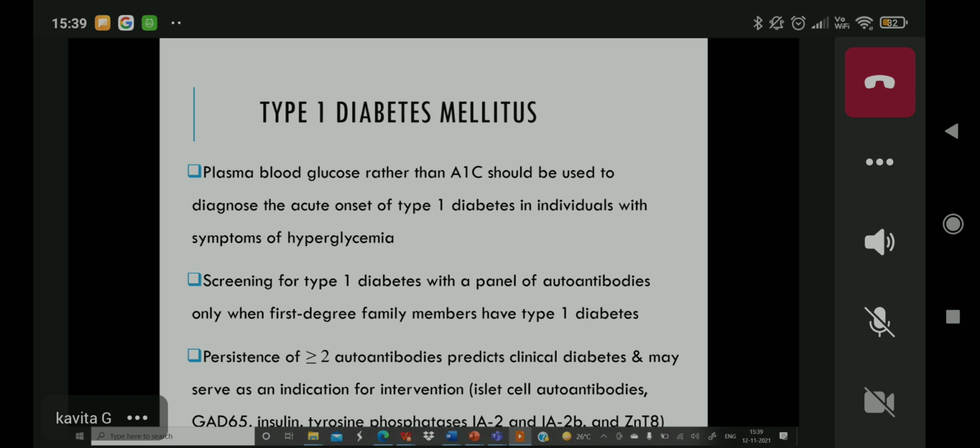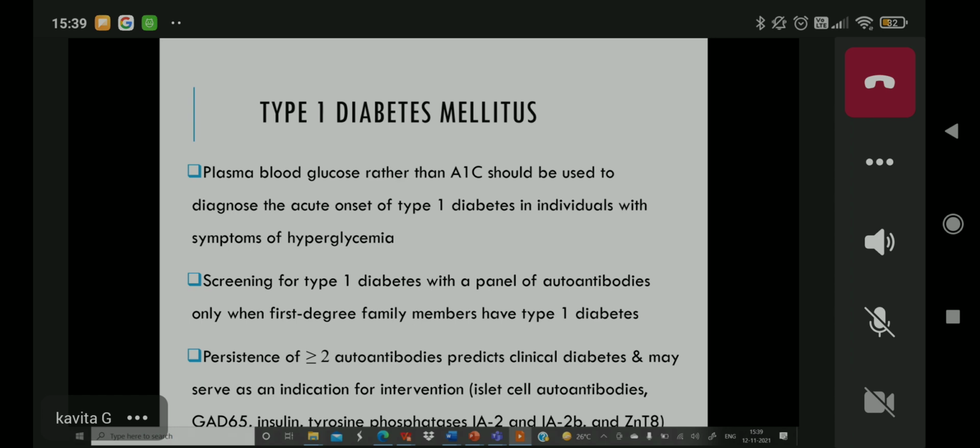I've already mentioned this is an autoimmune disease, and basically we should be using blood glucose rather than A1C to diagnose the acute onset of type 1 diabetes. Secondly, the screening for type 1 diabetes with autoantibodies is done. So all the genetic tests will be done only when you have a family member who already has diabetes, and that too type 1 diabetes.